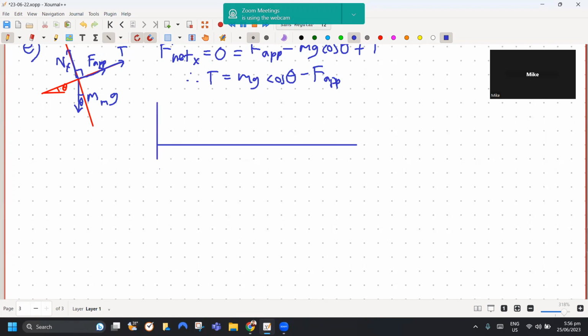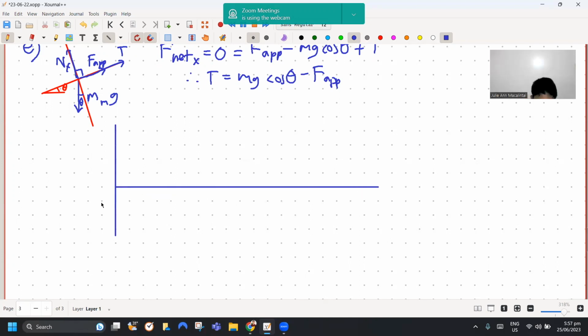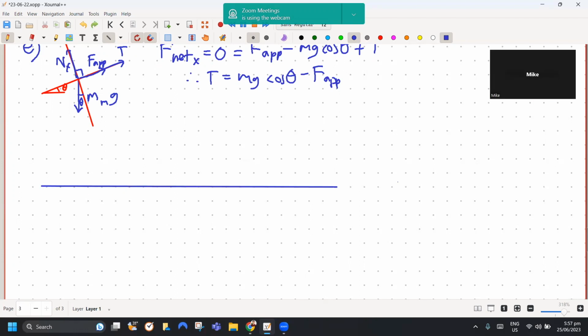Baba pa. Para mas malaki yung space. Pwedeng i-center mo yung y-axis somewhere sa gitna, hindi dyan.